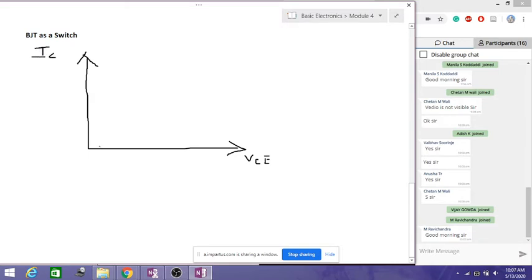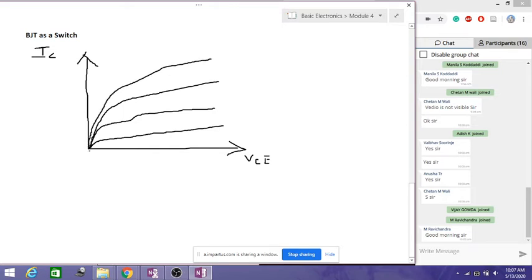This is plotted for different input currents, in terms of IB. Then we will get something like this. This is for different IB, and this might be for very small IB.